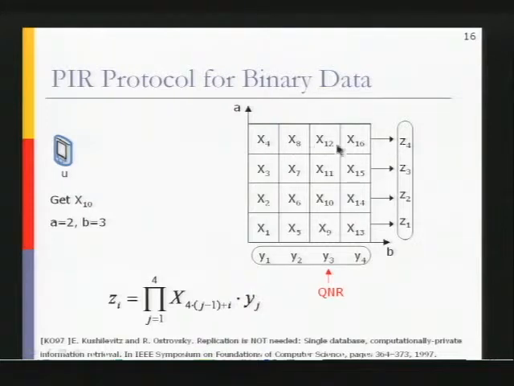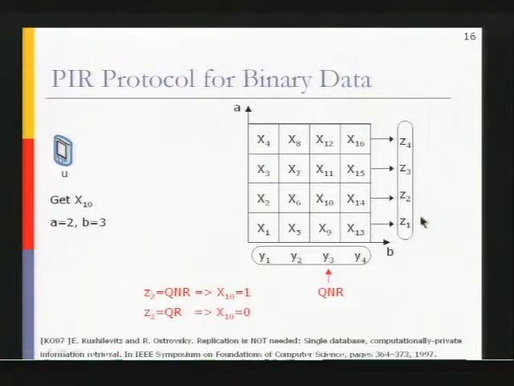So at the end of this protocol, each z value will store the product of the y values corresponding to the ones in the matrix. This is captured here with this complicated and useless formula. Now, what we need to know is that all these results are sent back to the user, right? We have Z1 to Z4. Why do we need to send them all? Because the server does not know in which row the element searched was. So we have to send all this back to the user.